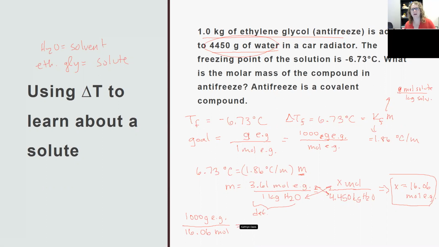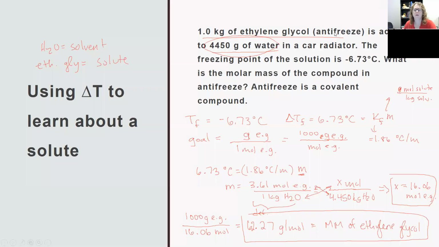So when I take 1,000 grams of ethylene glycol, which is what I started with, and divide it by the 16.06 moles that I found from my freezing point depression, my molar mass of ethylene glycol is 62.27 grams per mole. And this is something we do in experiments all the time, right? We can use freezing point depression or boiling point elevation to find the molar mass of something unknown.